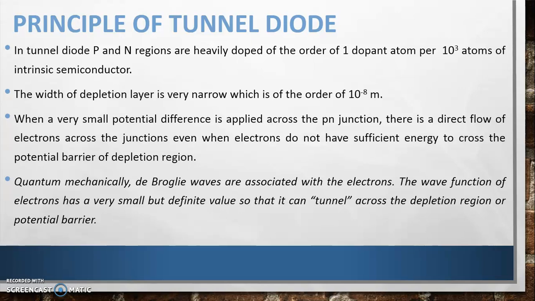The wave function of the electron has a very small but definite value, and that definite value or probability is always greater than 0, so that it can tunnel across the depletion region or potential barrier.